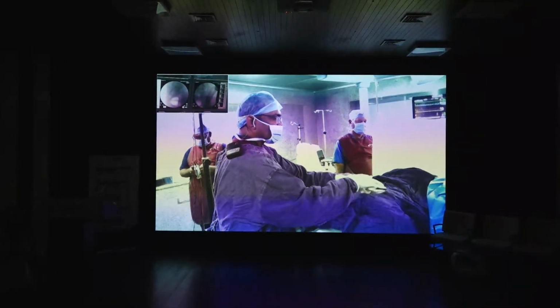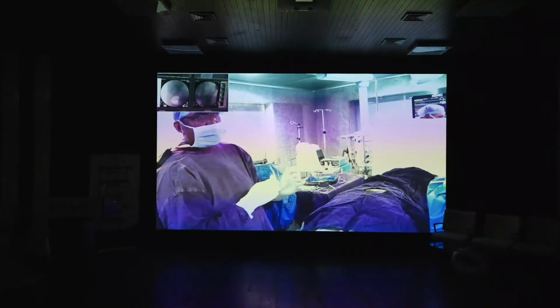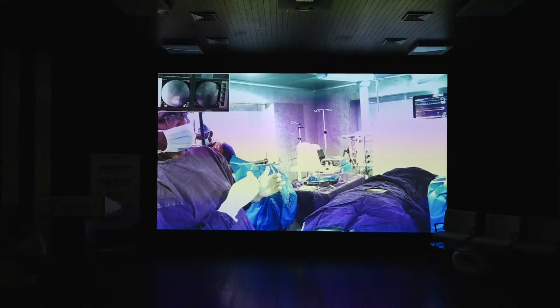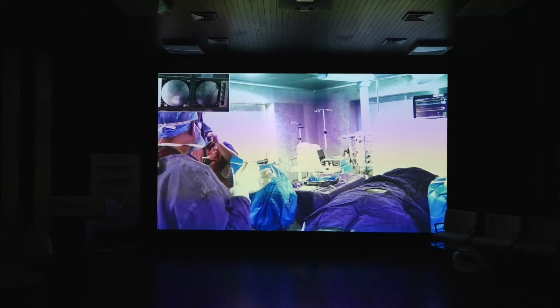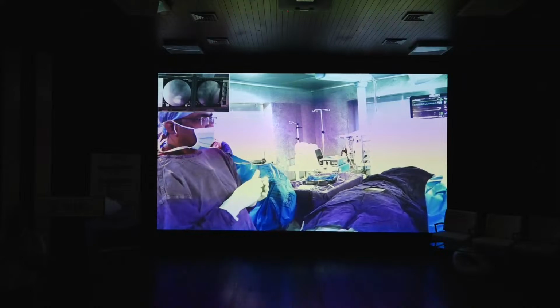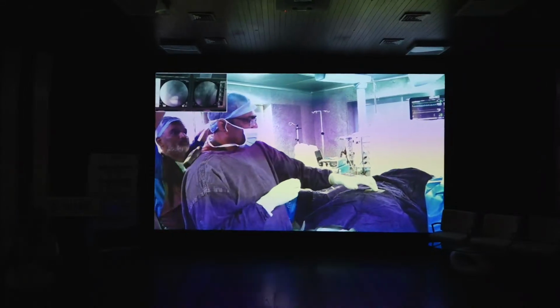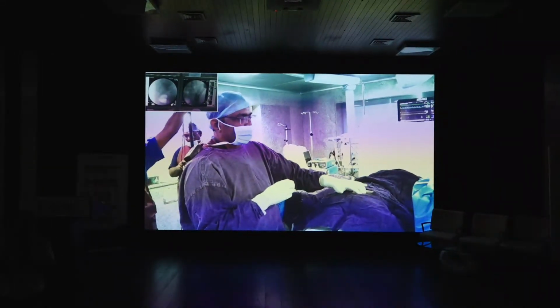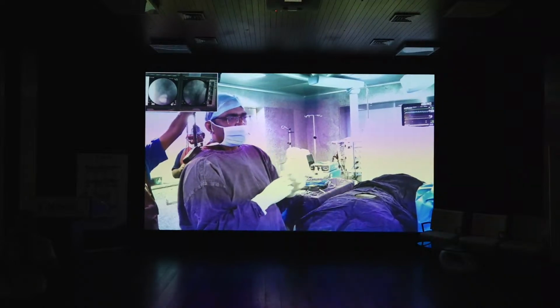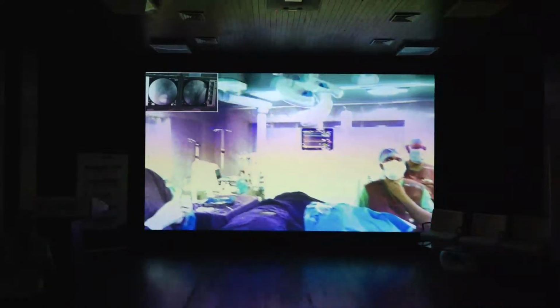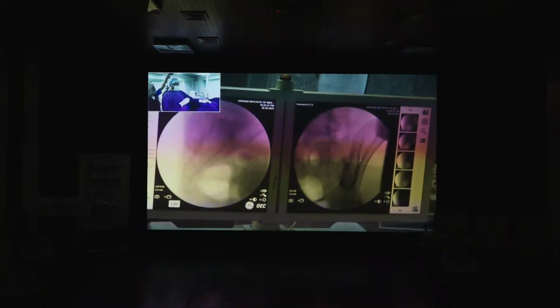Classically, patients with SI joint problems will have pain which is more while sitting. So a patient having low back pain which is more while sitting, one of the differential diagnoses is the SI joint.